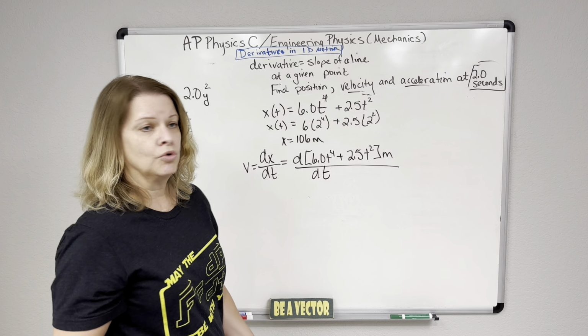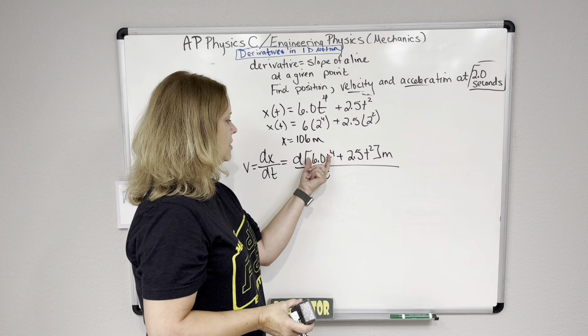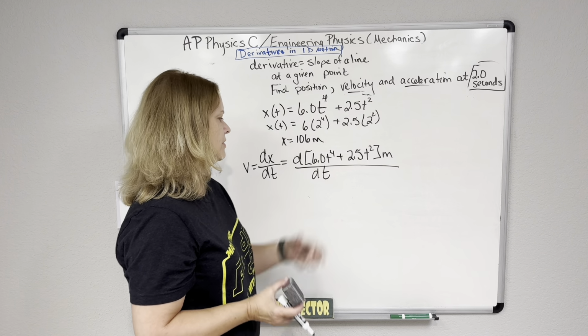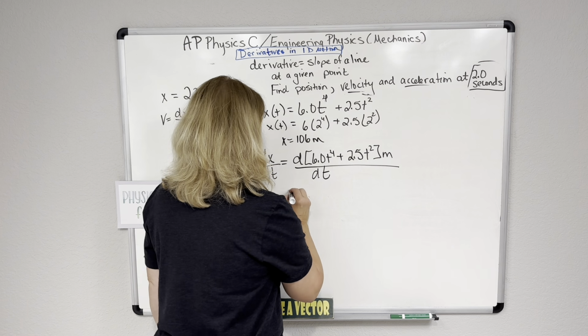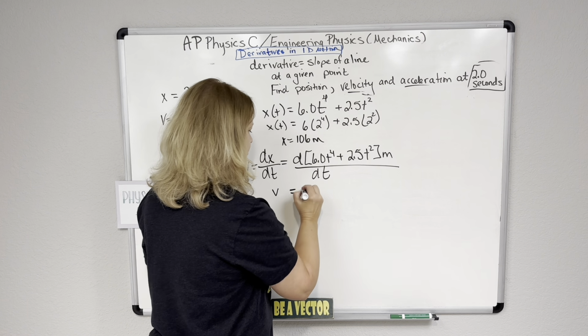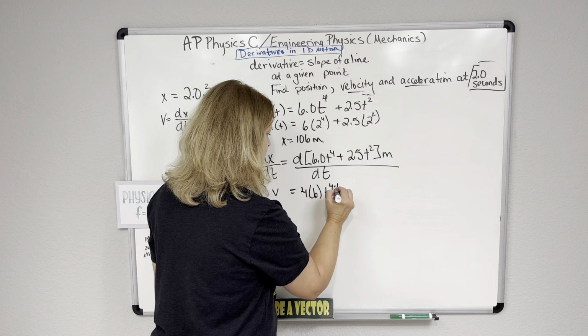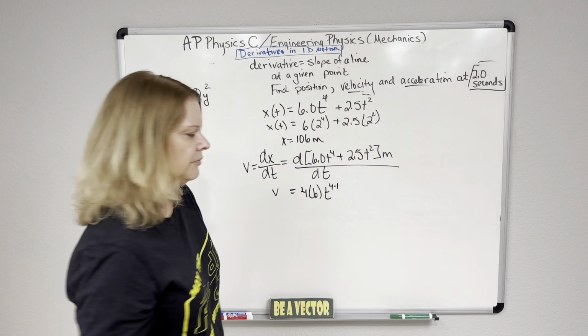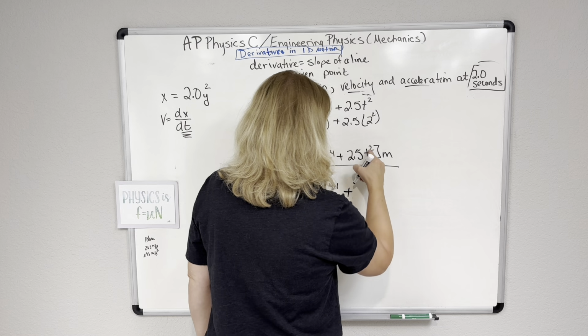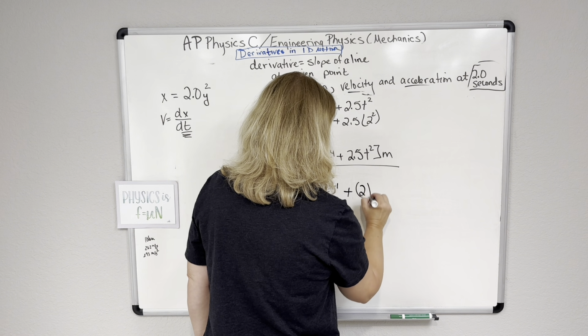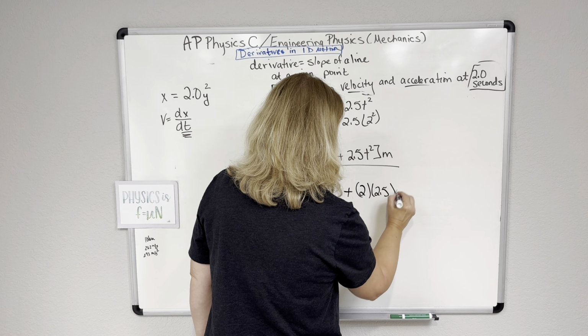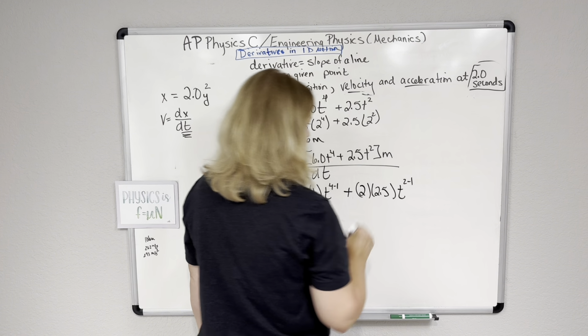Okay, this is the sum rule. You just take the individual pieces here and take the derivative of each. So for my velocity, I'm going to bring that 4 down, 4 times 6, and take that exponent 4 minus 1. Plus I'm going to bring the 2 down, 2 times 2.5, and subtract 1 from that exponent.